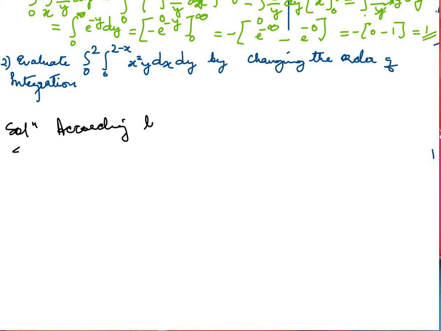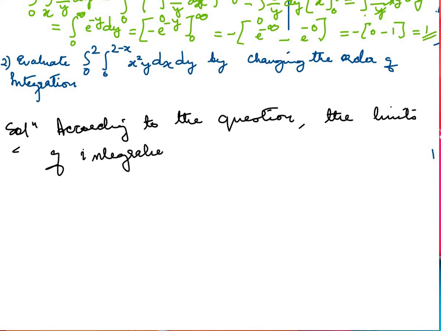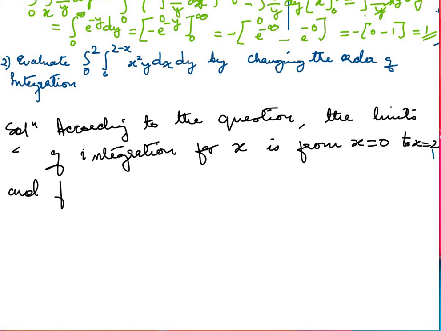According to the question, the limits of integration for x is from x equal to 0 to x equal to 2, and for y, it is from y equal to 0 to y equal to 2 minus x.